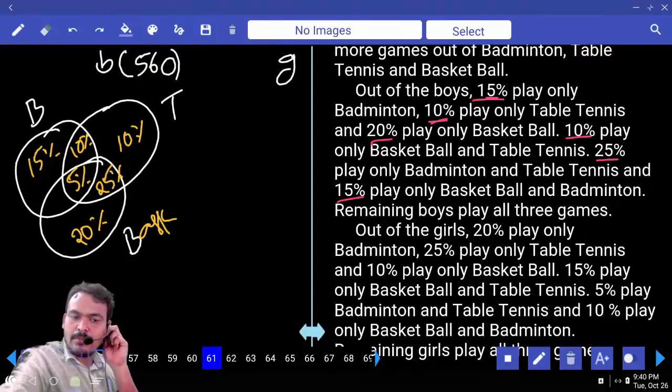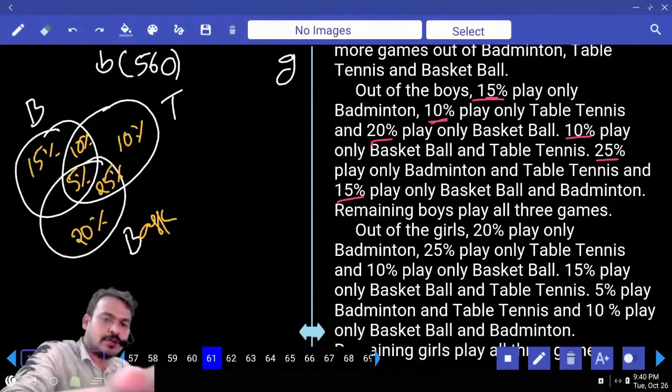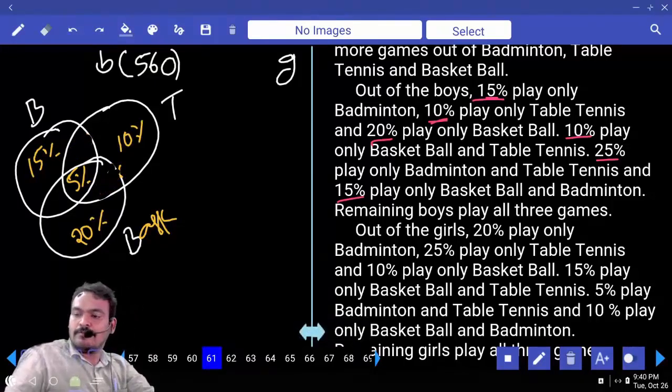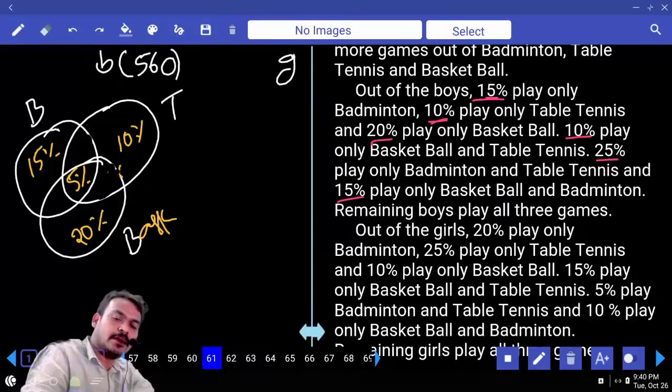Badminton and table tennis means here percentage is how much? 25%.